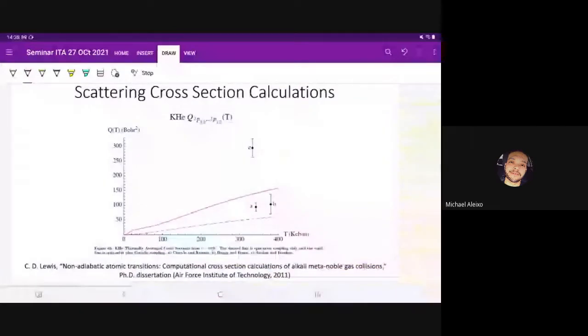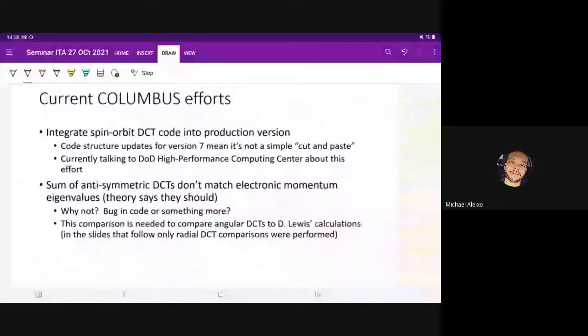What I would like to do with Columbus, as I said, we have kind of an experimental version that's good for calculating derivative couplings for spin orbit wave functions like we need in diode-pumped alkali lasers. I want to continue the effort to integrate that into version 7, the current version of Columbus. Between version 6 and version 7 of Columbus, there was a large structure change, so it's not a simple cut and paste.